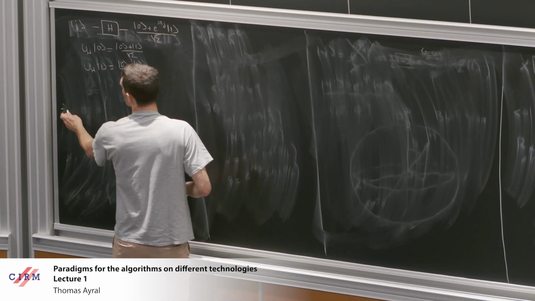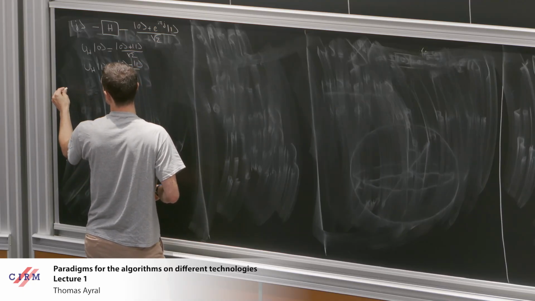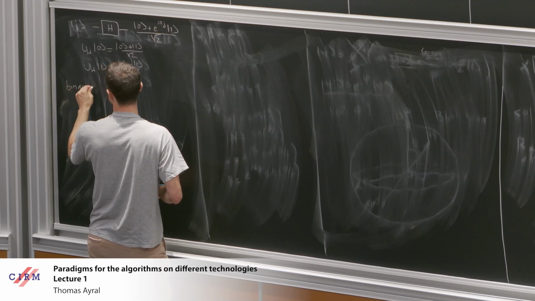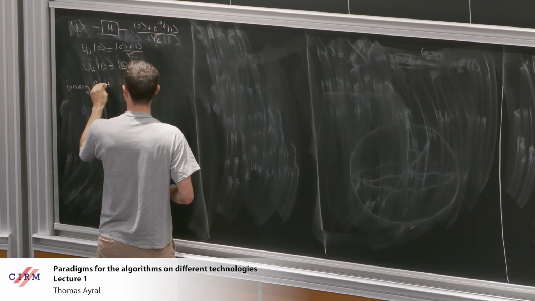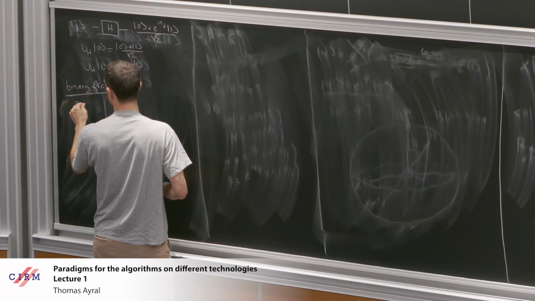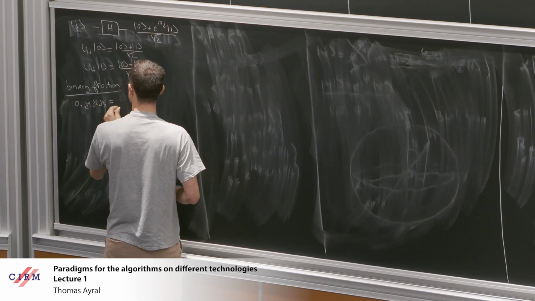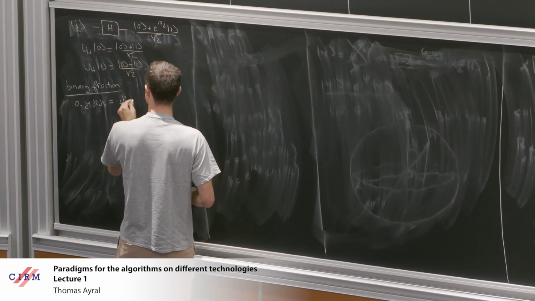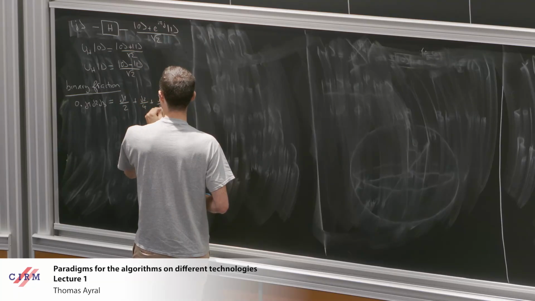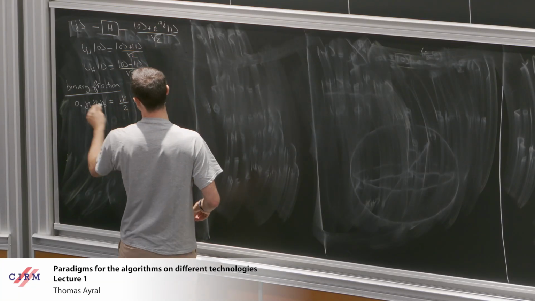And now I'm going to introduce a notation that I'm going to be needing for the rest, which is the binary fraction representation. Binary fraction is very simple. If I write 0 dot j1, j2, j3, it means j1 divided by 2 plus j2 divided by 4 plus j3 divided by 8, etc., etc. And so now I want to use this notation in this circuit.